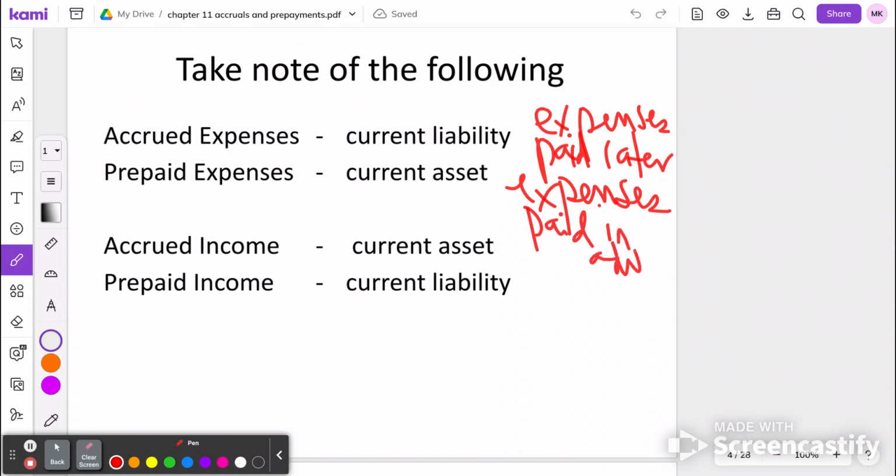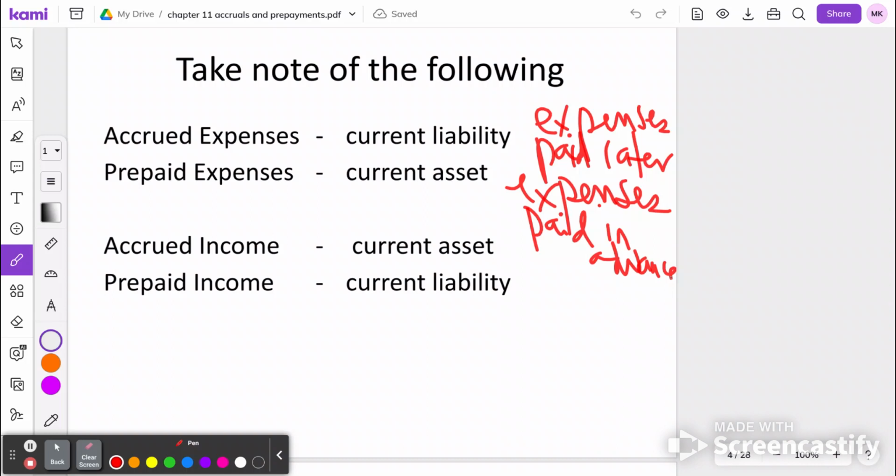All right. So there's two other accruals and prepayments here, which is the accrued income and the prepaid income, but we will not discuss it for this video. So just take note, for this video, we will concentrate on accrued expenses and prepaid expenses.